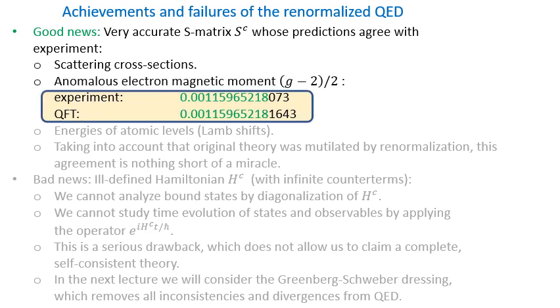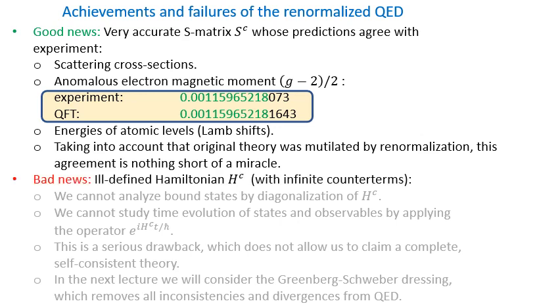The electron's magnetic moment is often claimed as the most successful prediction of a quantity ever achieved in physics. Tiny corrections to the energy levels of atoms, called Lamb shifts, agree with measurements very well. And taking into account that all these predictions were calculated from constellations of infinities, this agreement is nothing short of a miracle.